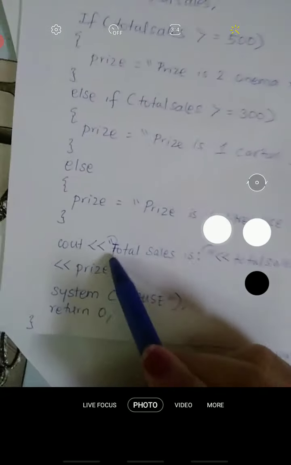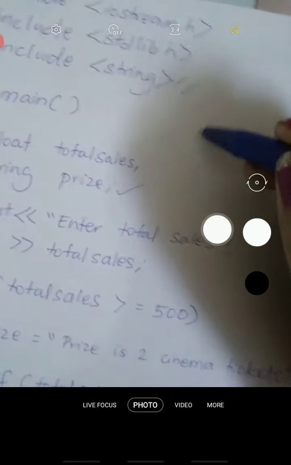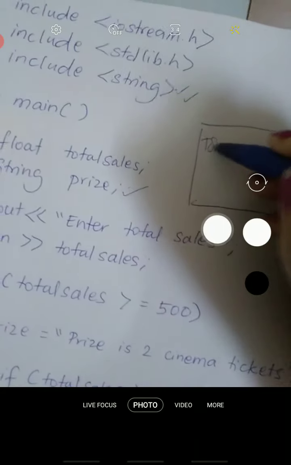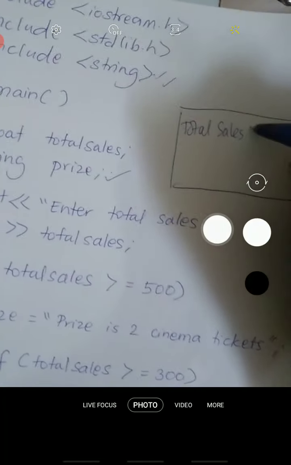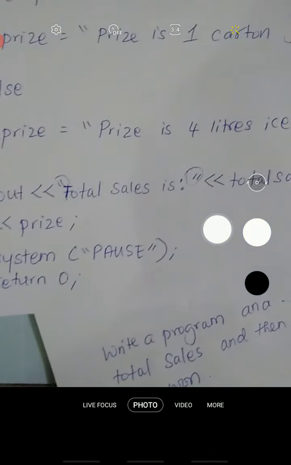Whatever is in the inverted commas in a cout statement will appear as it is. So in the output statement, it will be written as total sales, which is written in the inverted commas.